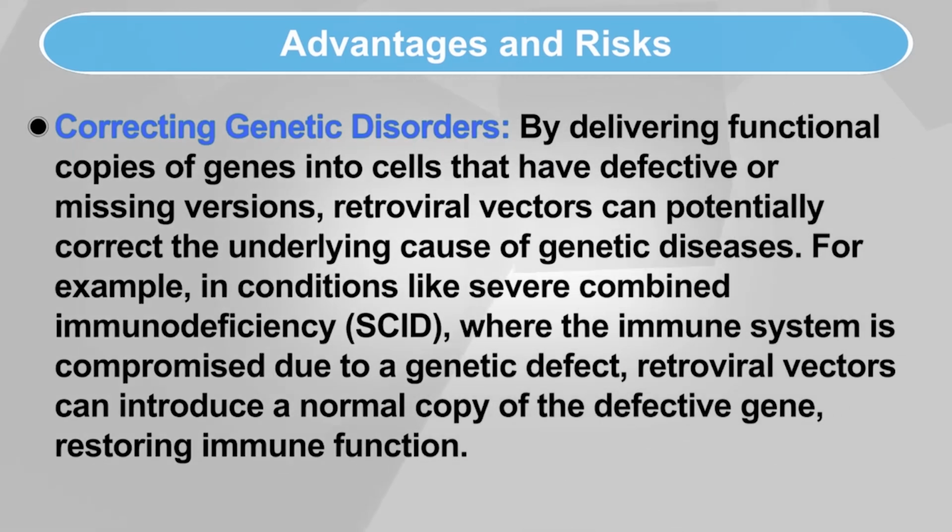For example, in conditions like SCID, that is severe combined immunodeficiency, where the immune system is compromised due to a genetic defect, the retroviral vector can introduce a normal copy of the defective gene, restoring immune function.